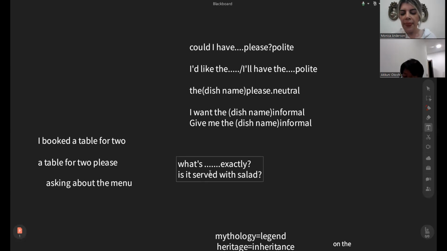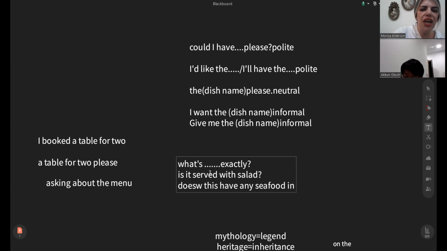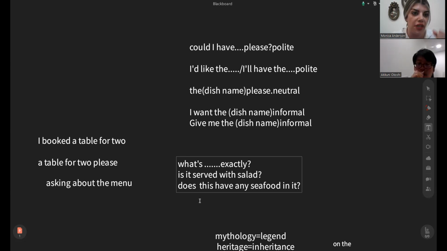And of course, you can say, does this have any seafood in it? I'm allergic. Does this have any garlic in it? Sometimes you don't want to have something in your food, so you use this phrase to ask if something is in your food or not.